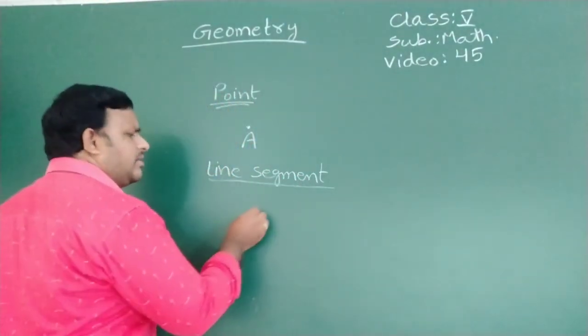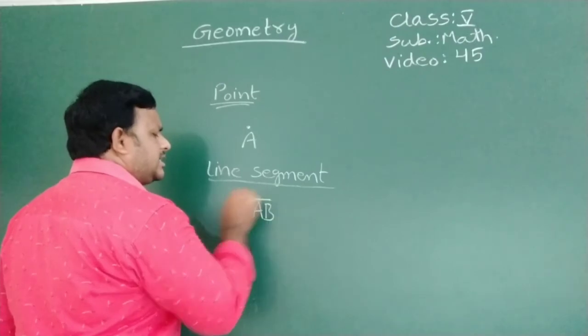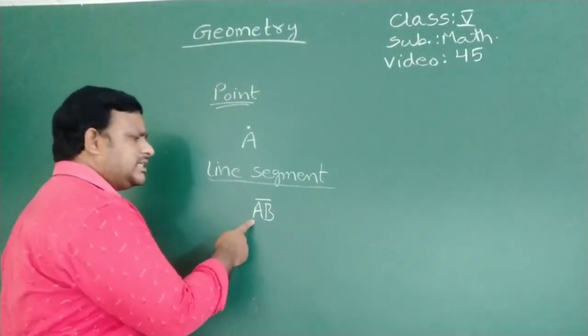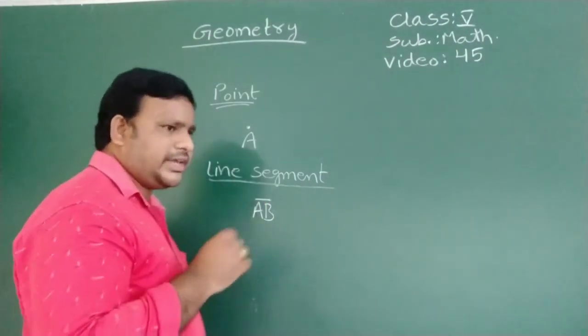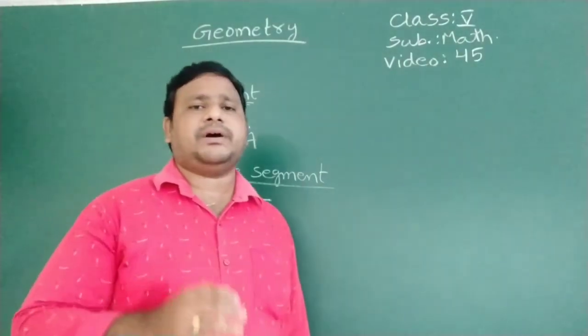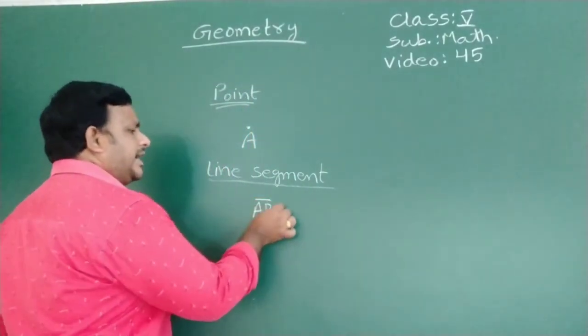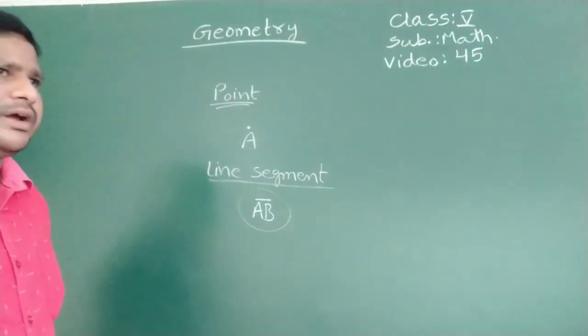So generally we will denote a line segment like this: line segment AB, where A is the starting point and B is the ending point. Between A and B the straight path exists, so that's why the line segment AB is represented in this manner.